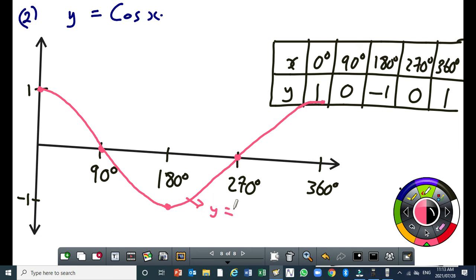So this will be y equal to cos x. If you remember the graph of sine, it started from x equal to 0 here, by the origin, then it goes that way. So if you move the graph of sine by 90 degrees to the left, you will get the graph of cosine.